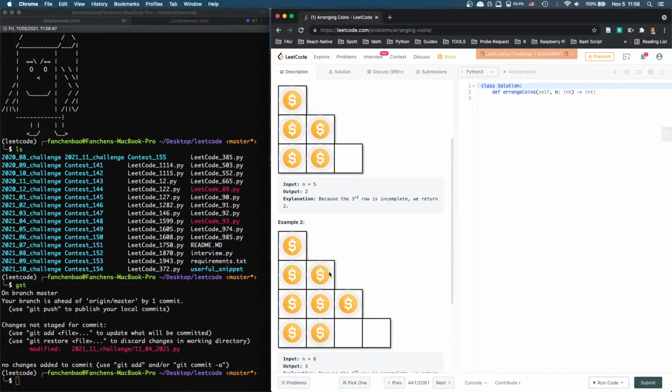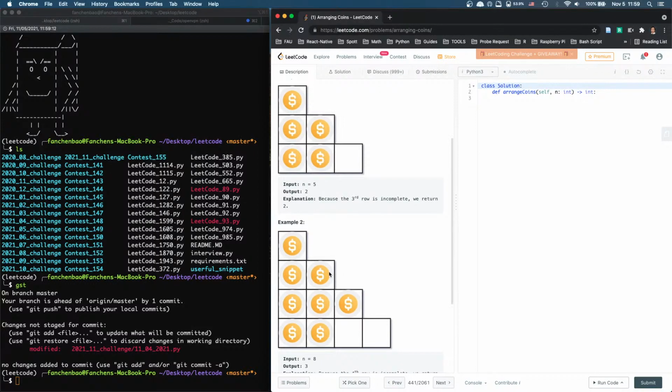Let's see, so x plus 1 times x divided by 2 is the sum, and n minus this, we know, is smaller or equal to x plus 1. So we're going to do 2n minus x squared minus x, smaller or equal to 2x plus 2. So 2n is smaller or equal to x squared plus 3x minus 2, right?